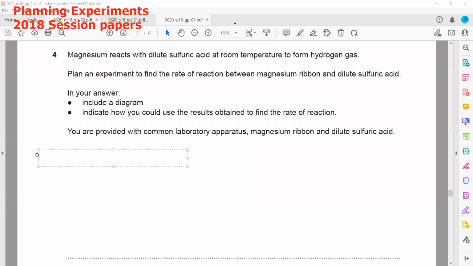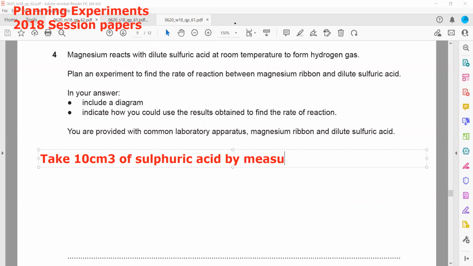Like first we'll take 10 cm cube of sulfuric acid by measuring cylinder, then we will add to conical flask.